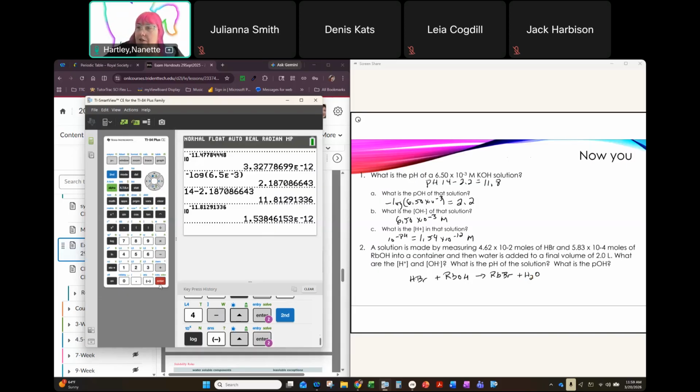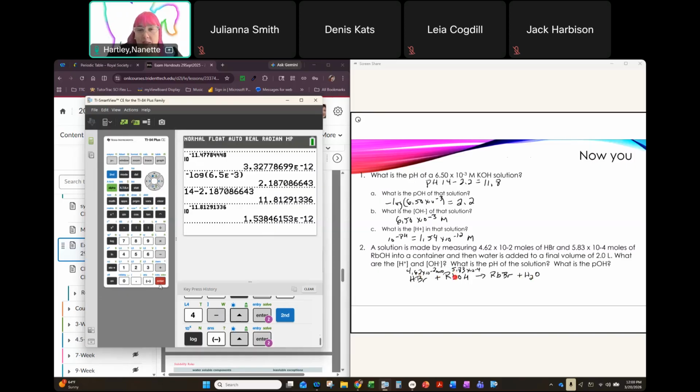Now, if I know that this concentration here is 4.62 times 10 to the minus 2 moles, and this one is 5.83 times 10 to the minus 4th moles, I can see that this one is bigger than this one. Therefore, all of my OH will go away.